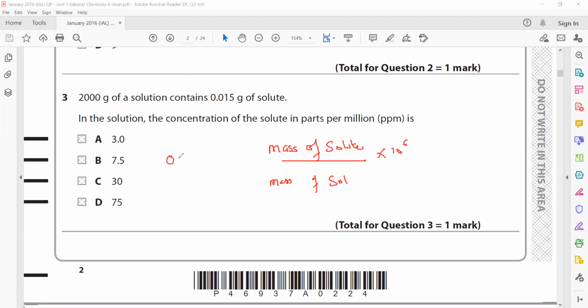So mass of the solute 0.015, mass of the solution 200, into 1 million. When we work it out, it will come out as 7.5. So B will be the right answer.